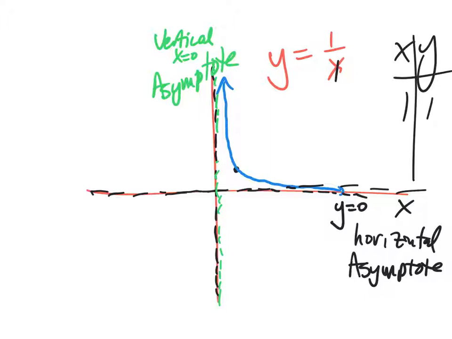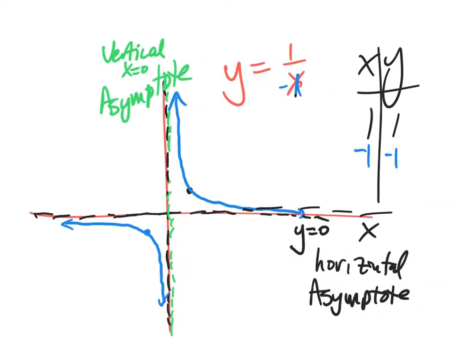All right, and I'm not done with this function because if you do some numbers that are negative, for instance, if I put in -1, then I'm going to get 1 over -1, which is -1. So there's this spot, and that means there's one down here. Feel like you've seen that one before?